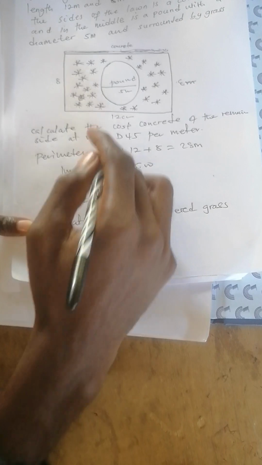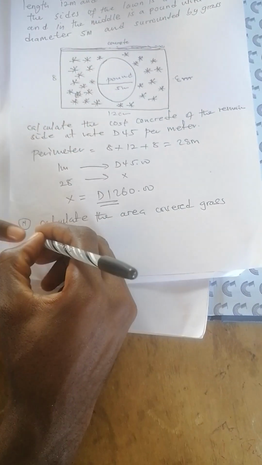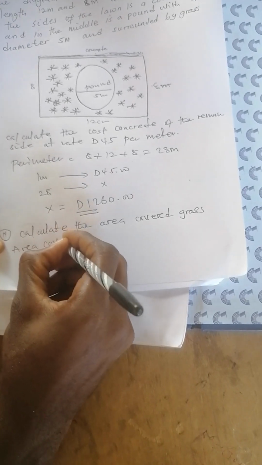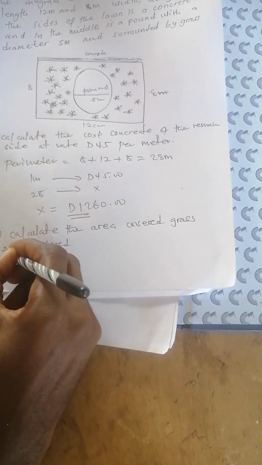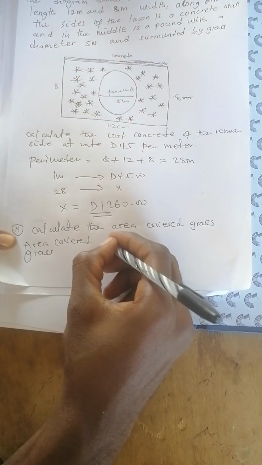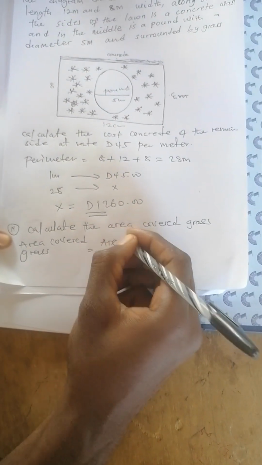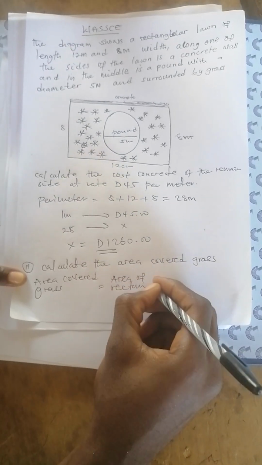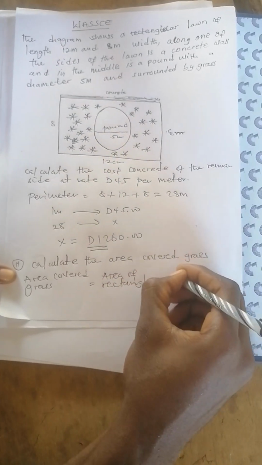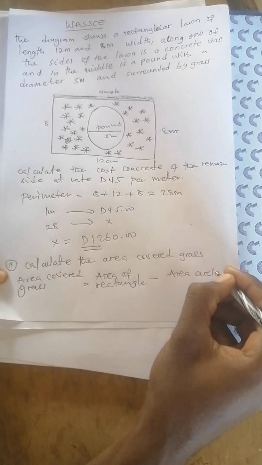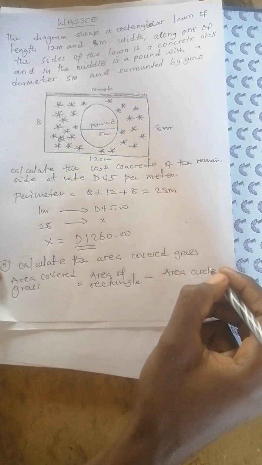So the area covered by the grasses is equal to the area of the rectangle minus the area of the circular pole.